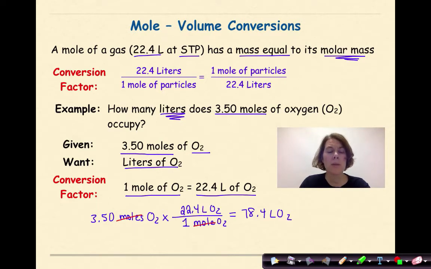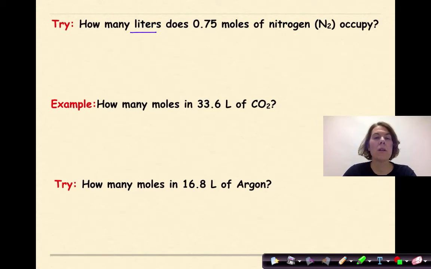Let's look at some more examples. How many liters does 0.75 moles of nitrogen occupy? So our given is 0.75 moles of N2, because we're talking about atmospheric nitrogen here. Multiplication sign and a line. We want liters, which means volume. Now I know that every 1 mole of N2 is going to equal 22.4 liters.